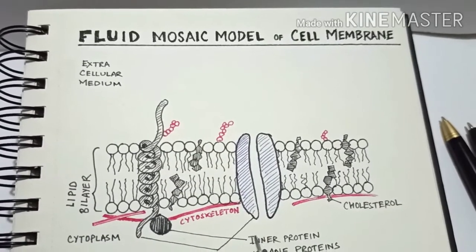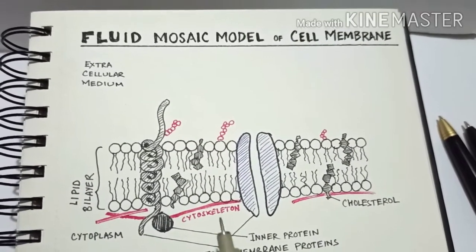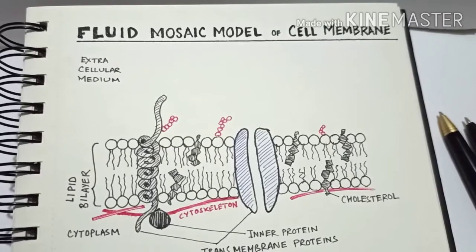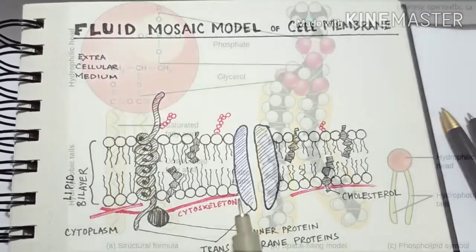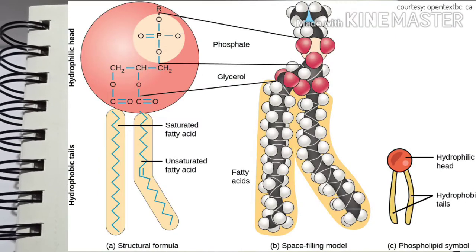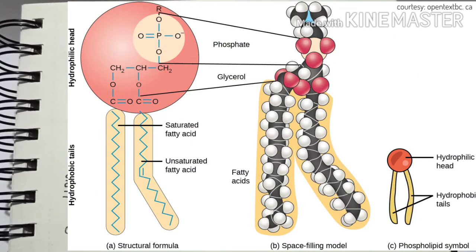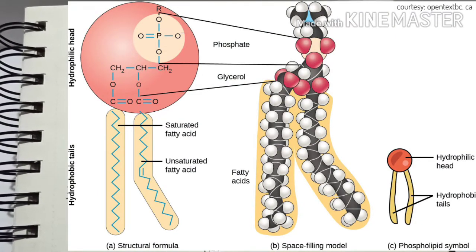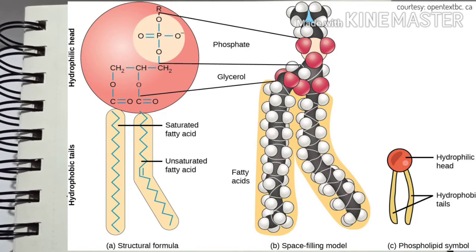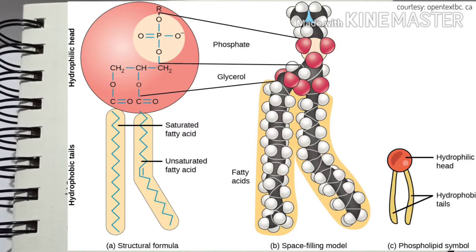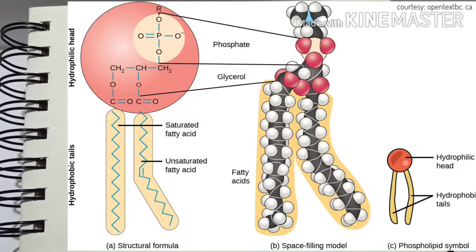Now this is all possible due to the nature of the lipid bilayer. The lipid is mainly phospholipid, which has two parts: the polar phosphatidylglycerol head and the non-polar long-chain fatty acid tail. The head, being polar, can form hydrogen bonds with water, whereas the tail cannot.